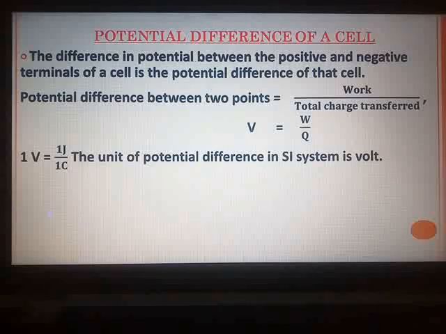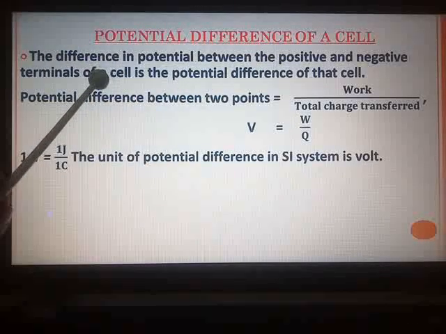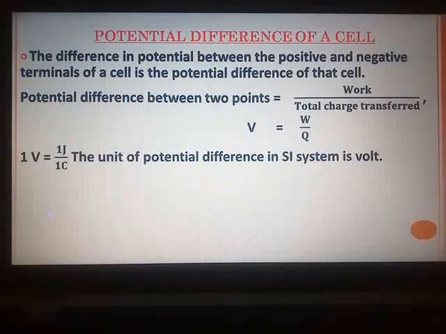The difference in potential between the positive and negative terminals of a cell is the potential difference of that particular cell. You know, a cell has two terminals, one is the positive and the other is the negative terminal.